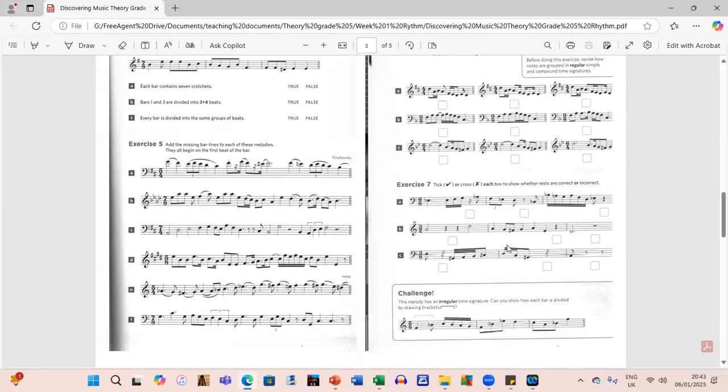Tick or cross each box to show whether rests are correct or incorrect. This is a counting exercise, again the same as exercise 5. In 6/8: 1, 2, 3, 4, two semiquavers, 1, 2, 3 quavers there, 4, 5, 6. So that would be correct. That adds up to 6/8.